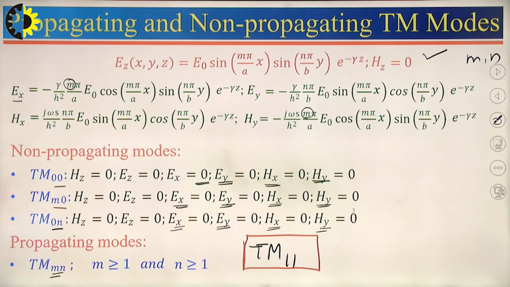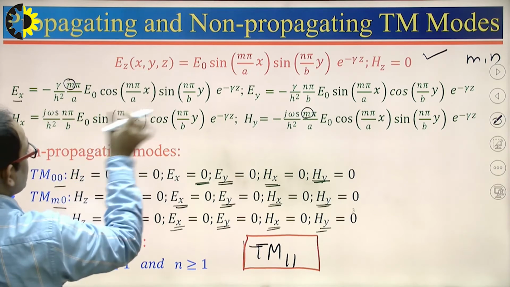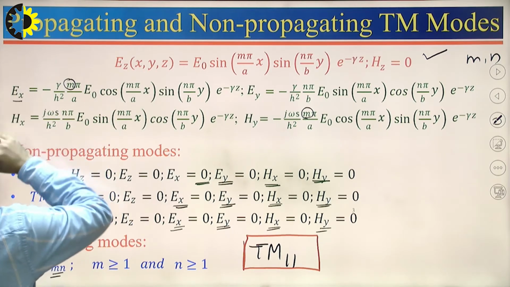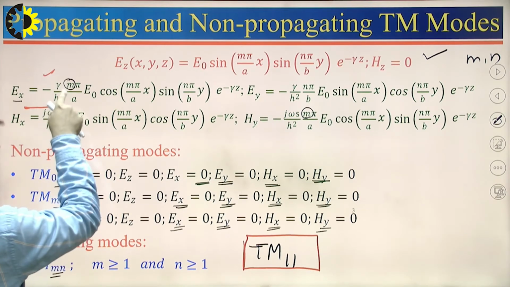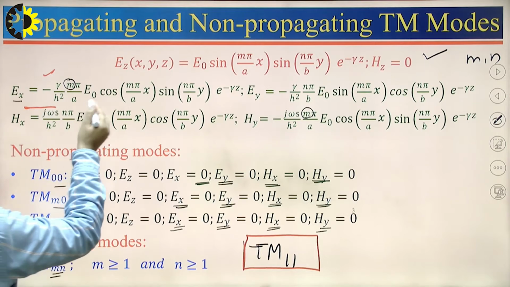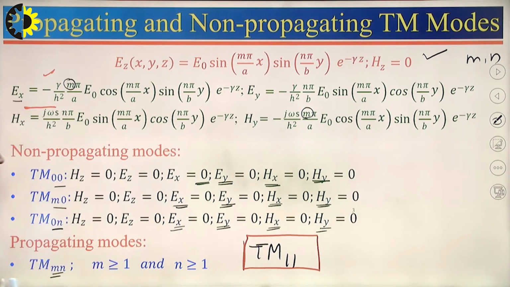Clear? Now when we are putting the value of Ez in the equation for Ex, we will get Ex comes out to be minus gamma m pi by h square a into E naught cos of m pi x divided by a into sin n pi y by b. Clear?